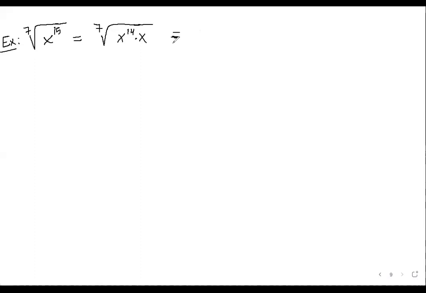It will be x squared times the seventh root of x. Right? Yes, that's what I meant. Okay.